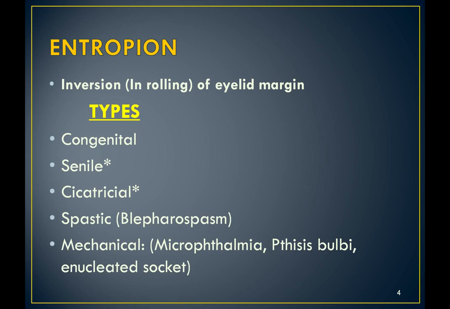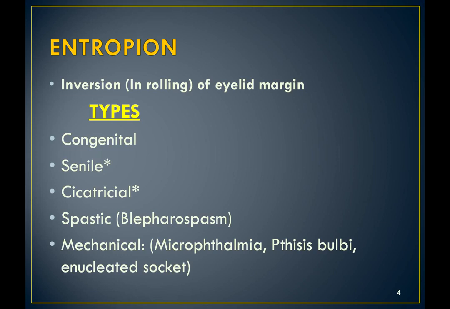So that is the way patient presents. Patients come with a history of itching, burning, irritation in the eye, sometimes pain, and sometimes visual blurring as a result. For the purpose of description and management, these are divided into various types.